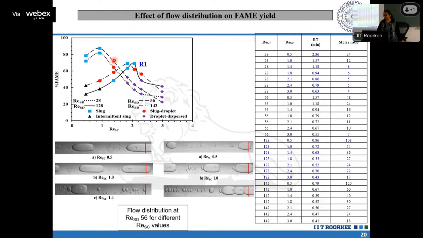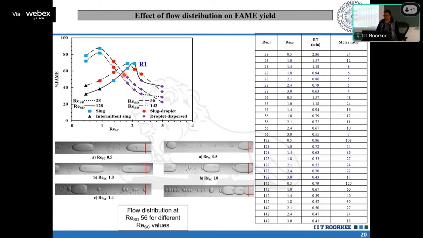Right, decrease of residence time. When you go from here to here, what you are increasing is the phase velocity of the continuous phase. When we increase the phase velocity of the continuous phase, the corresponding residence time decreases. The time that the two phases are in contact within the reactor decreases, and as a result you may get a decrease in yield.